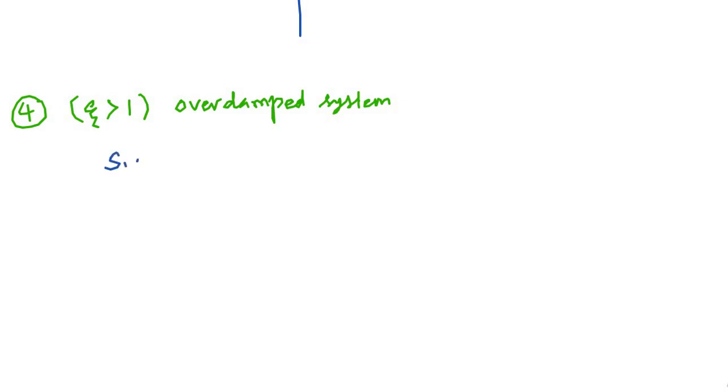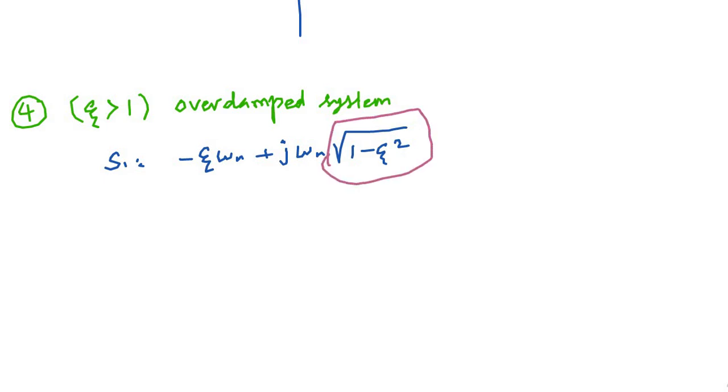So S1 is equal to minus zeta omega n plus j omega n square root of 1 minus zeta square. Okay, remember this. Zeta square value is more than 1. You have to remember this. Zeta square value is more than 1.